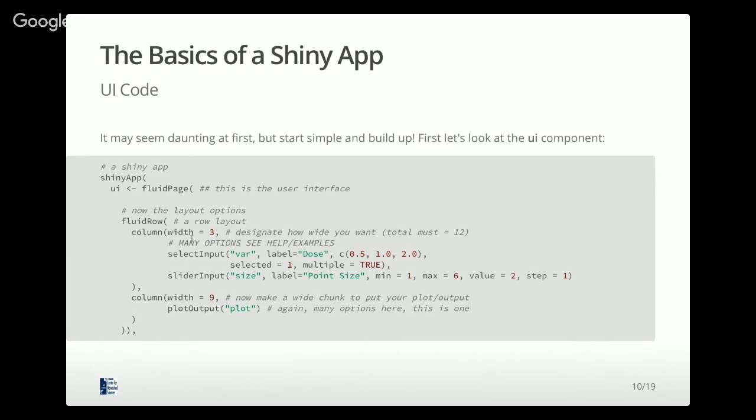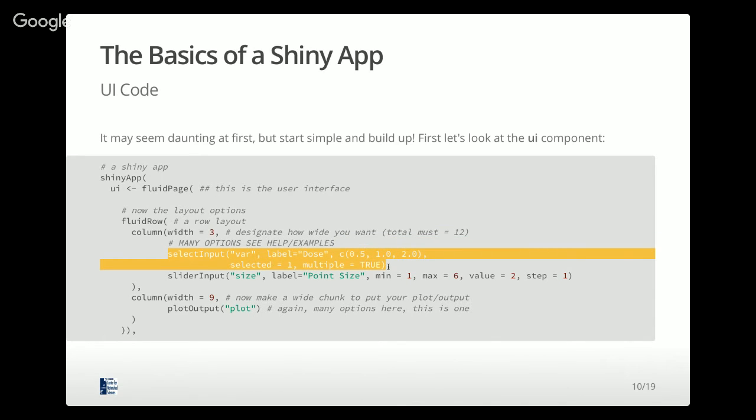This is saying for one row, and the whole document could be one big row, which is all I've done here, but you could have multiple rows and nest them in different ways. The first part is a column that is three units wide. Then the next part is, what is going to go in that column? There are many options, and the help has lots of different options for what sorts of inputs or buttons you want to include.